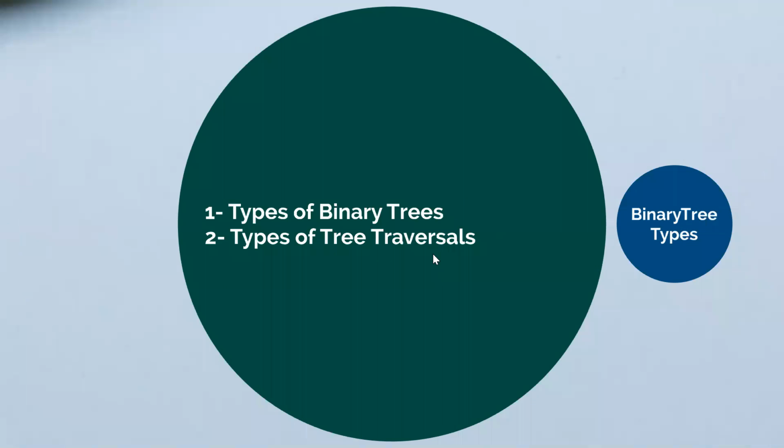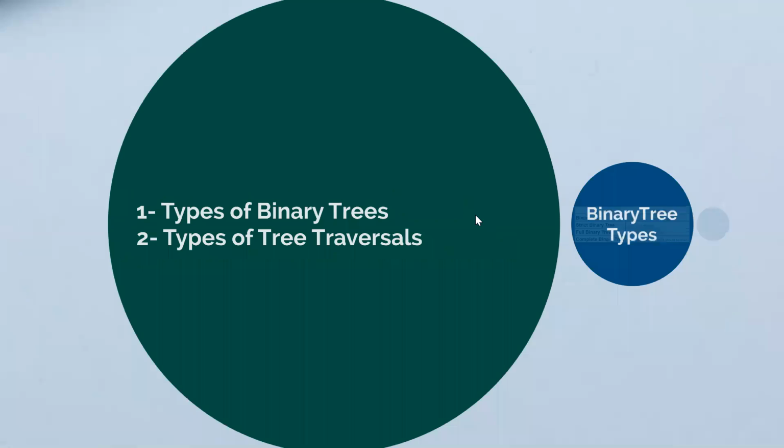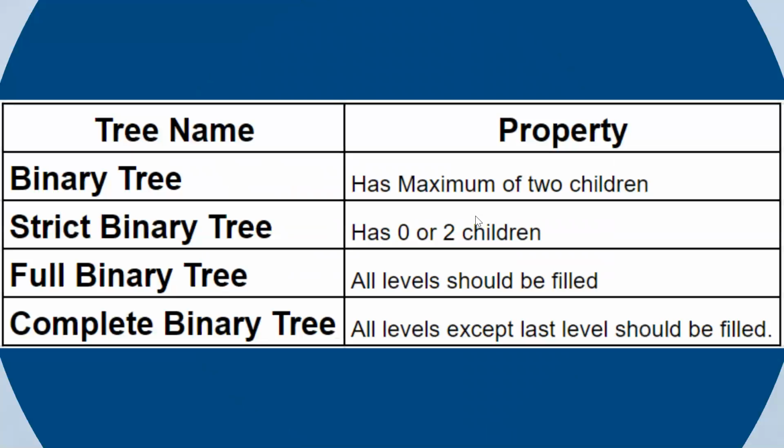Straight away, without wasting time, I would like to start with the binary tree types. So what is a binary tree, guys? A binary tree is nothing but a tree that has a maximum of two children. So let's see what a strict binary tree is.